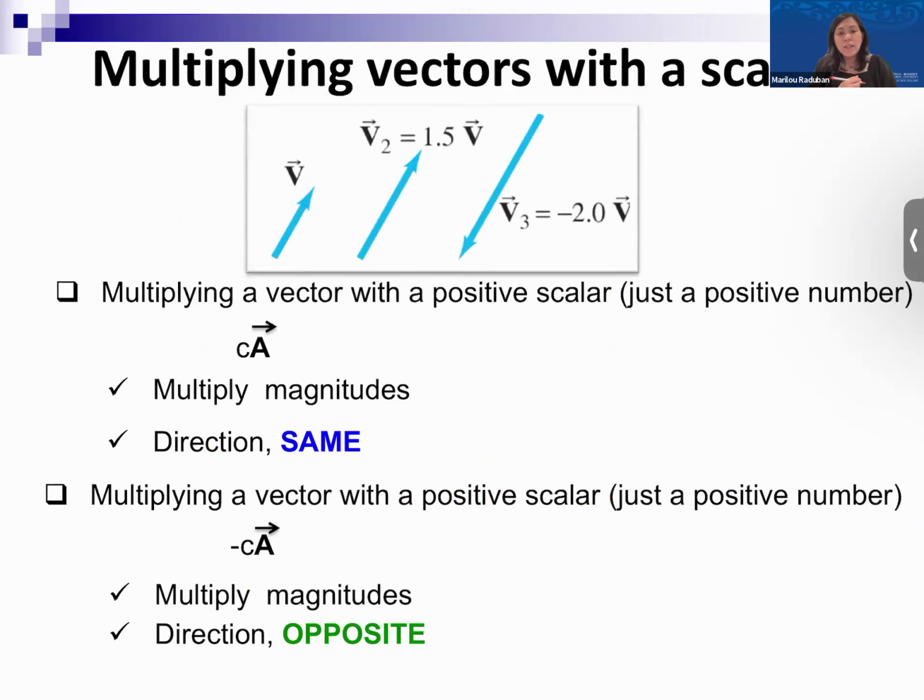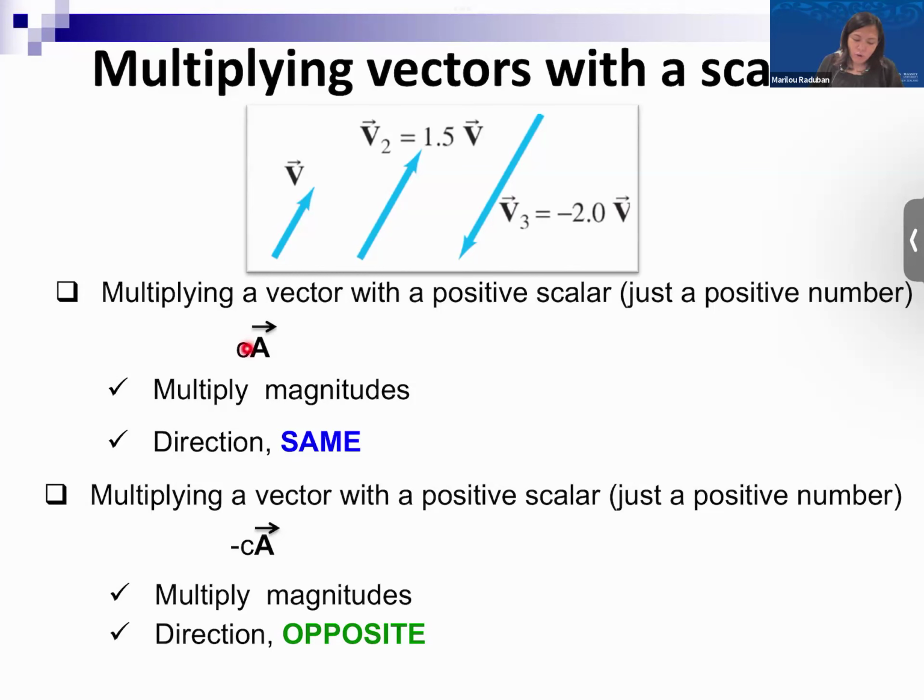We also learned last time that when we multiply a scalar, meaning when we multiply a number, to the vector, the effect of the multiplication is either to increase the size of the vector if you're multiplying with a number greater than 1, or decrease the size of the vector if you're multiplying with a number that's less than 1.